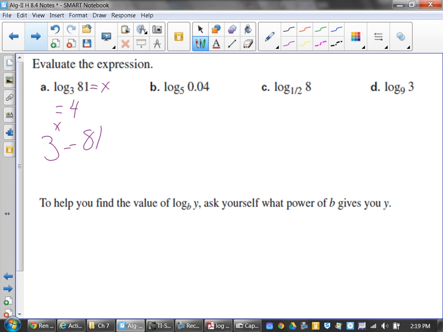And then you just have to sit there and think, all right, 81 is a base 3. Okay. Log base 5 of 0.04. It's got to be negative. What is 0.04 as a fraction? It's 1/25th, isn't it? Because this is 4 over 100, so it's 5 to what power? It's going to give you 1/25th.